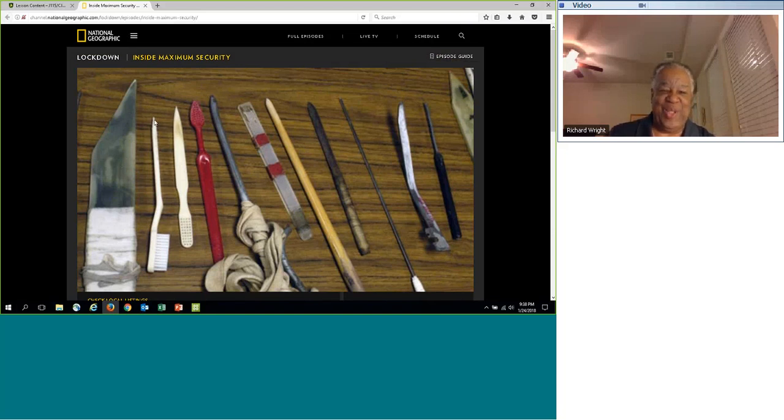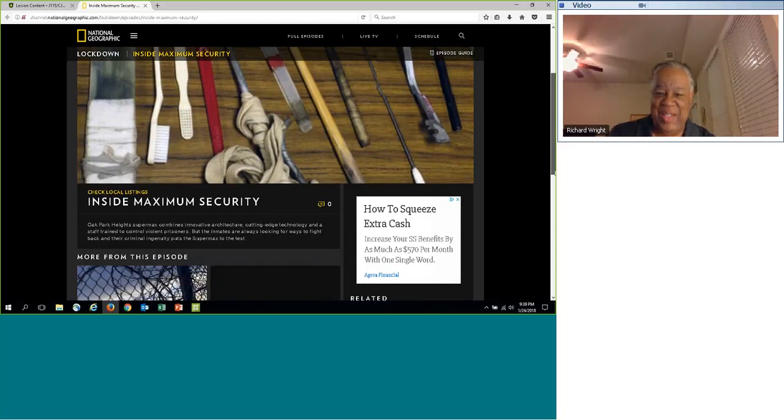They'll sharpen the edge of the toothbrush and use that as a weapon, as innocent a thing as a toothbrush. And you can see all these dangerous weapons that could end up in the facility.